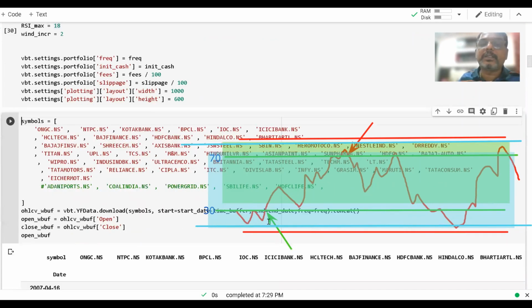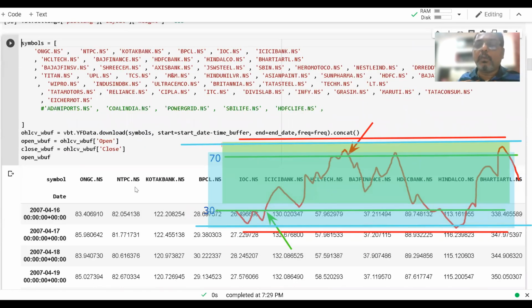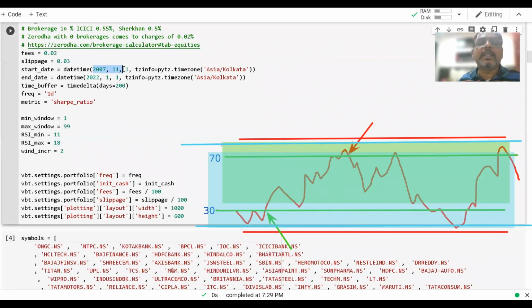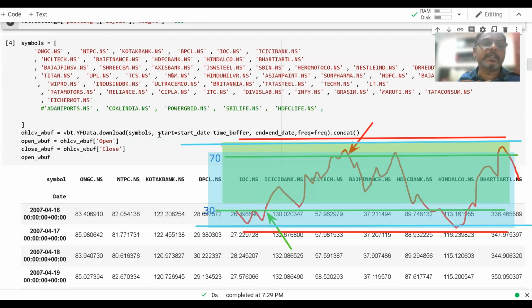We are going to be testing this on a variety of stocks. I have chosen Nifty 50 stocks, taken out a few because not all the data was available, and we are going to be testing from 2007 until 2022, so about 12 to 13 years of data.